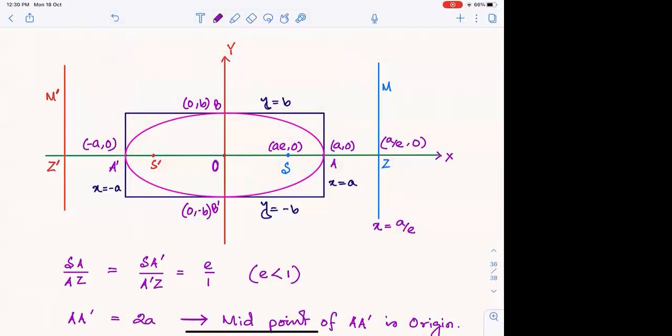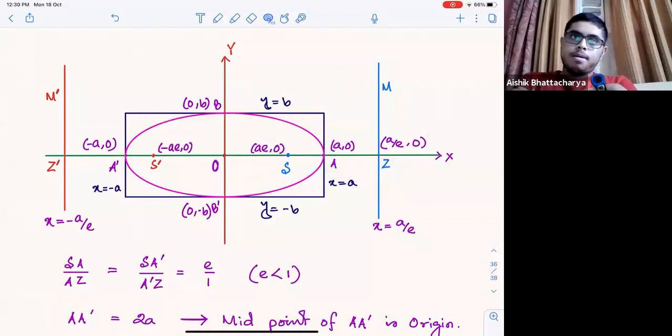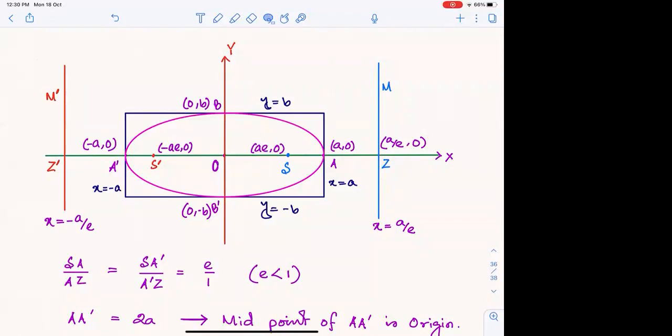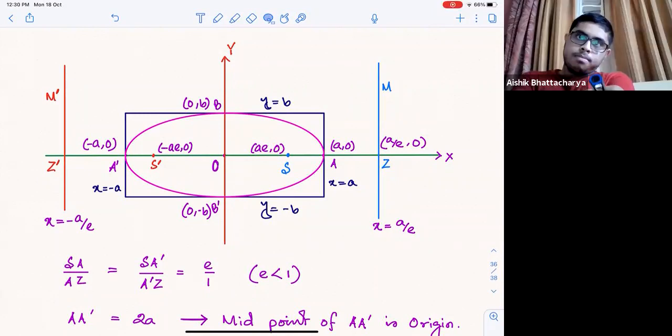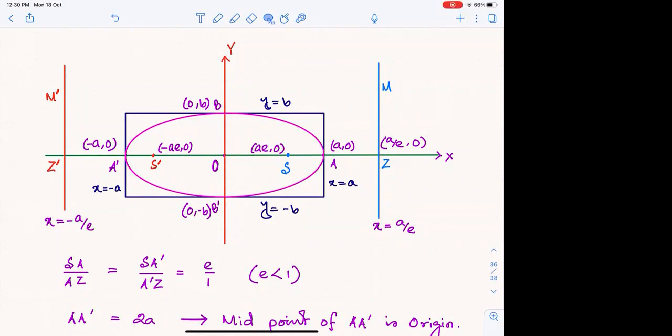So definitely S dash is (minus AE, 0), and Z dash M dash is x equals minus A by E. So the distance between the two foci is 2AE, that is E times the length of the major axis, and the distance between the directrices is 2A by E.